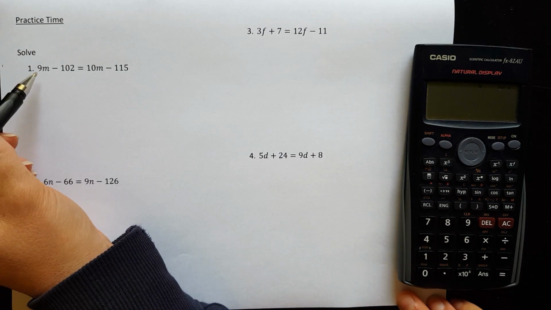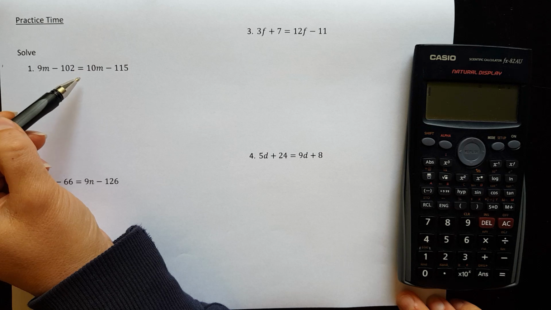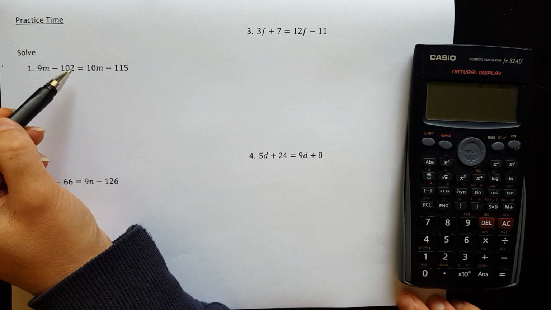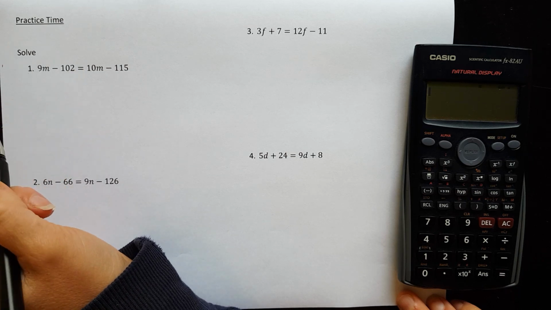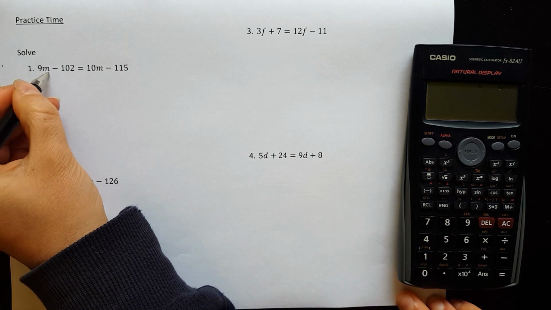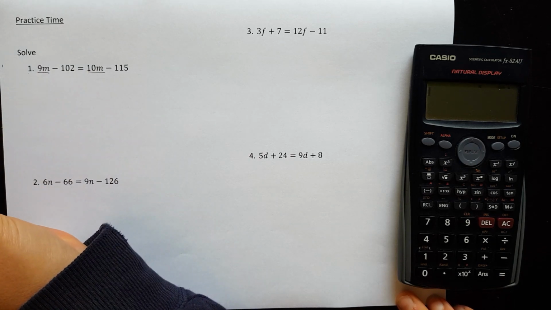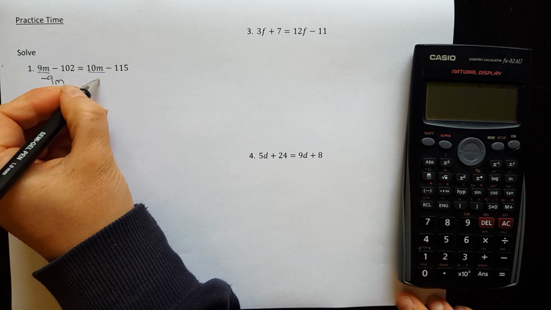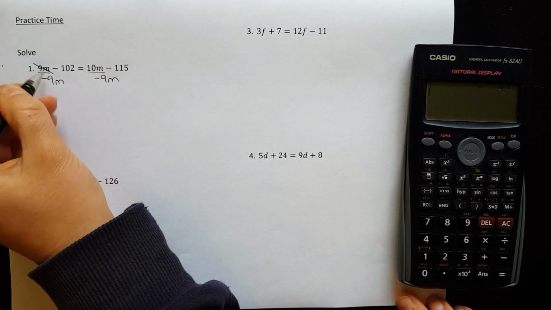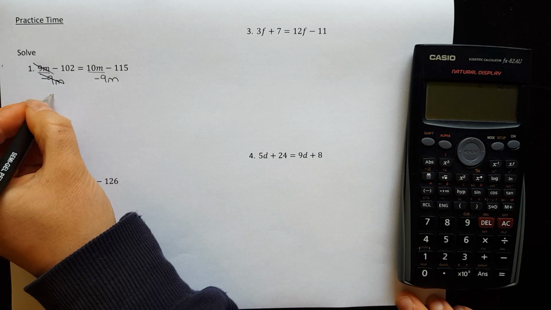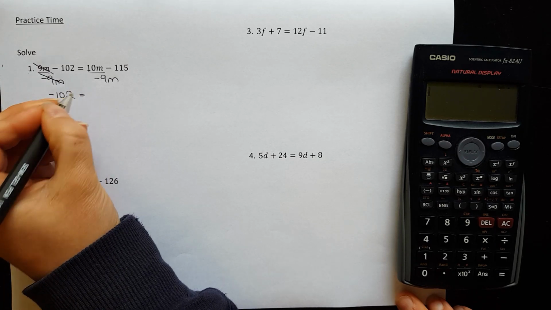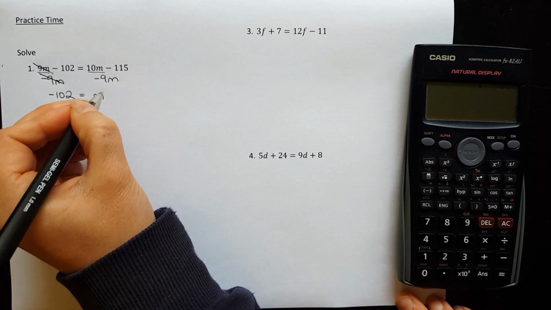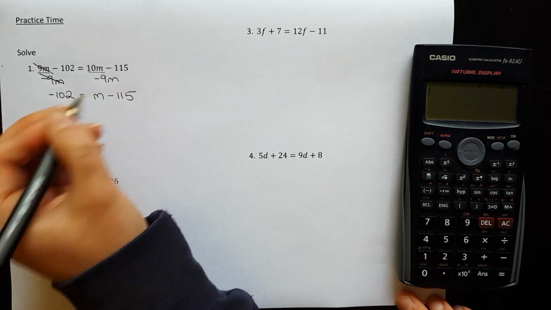Question 1. Let's start that again. 9m minus 102 is equal to 10m minus 115. So 9m and 10m are the two terms with the pronumeral. Subtract 9m, so that's the smallest term, to move that away. That will leave a minus 102 is equal to 10 minus 9 is 1m, or just m, minus 115.